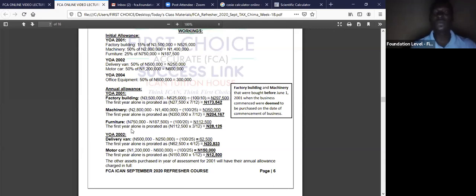How many years are you going to take 10% for you to get to 100%? It's 10 years. So we could say 100 divided by 10 will give us 10 years. So this is the 10 years. So it means that when we minus this initial allowance from the cost, anything we get, we divide by 10 years. So let's do it together.